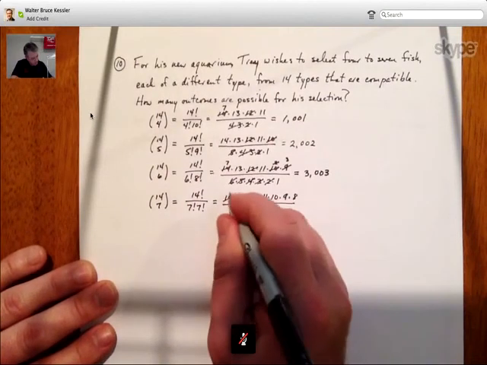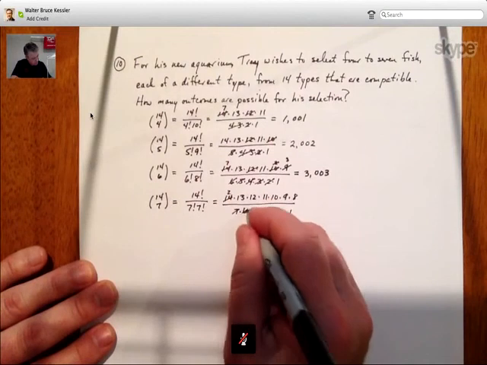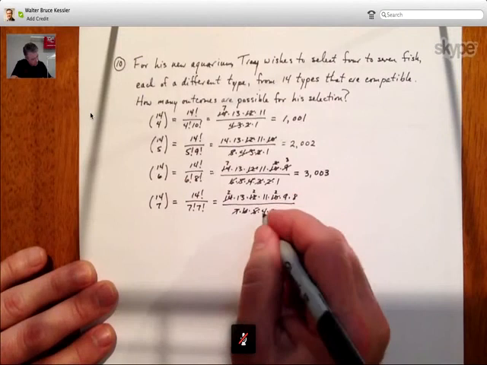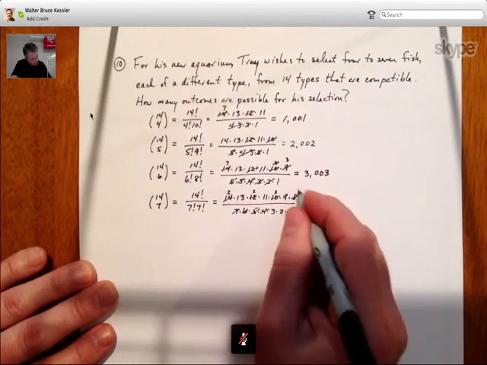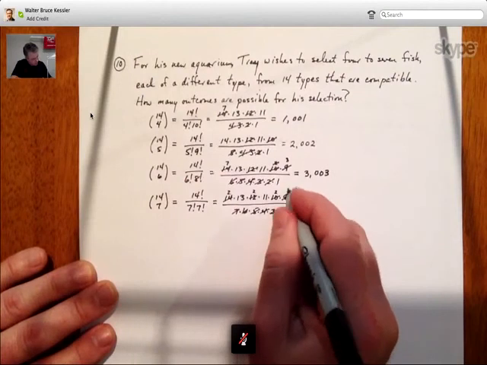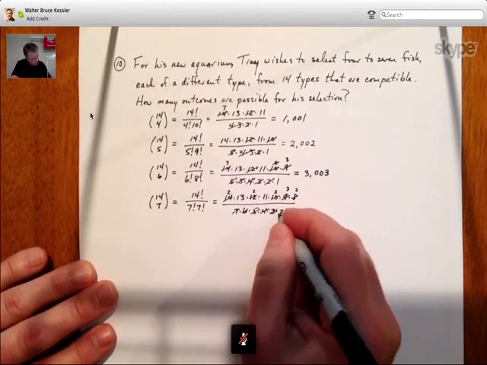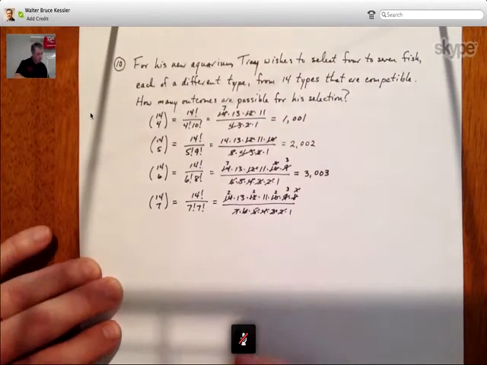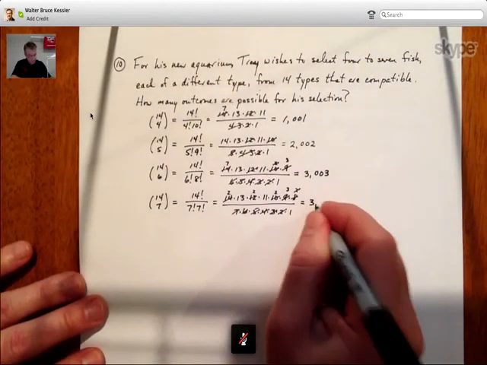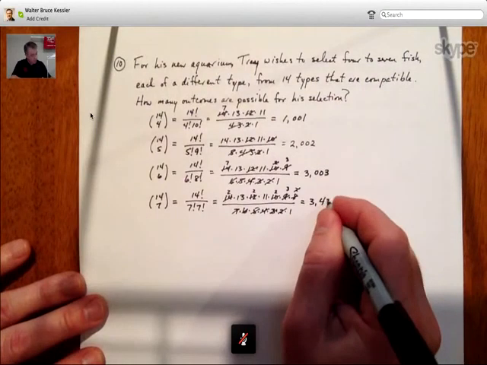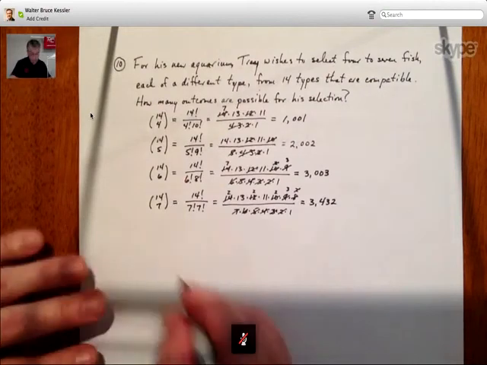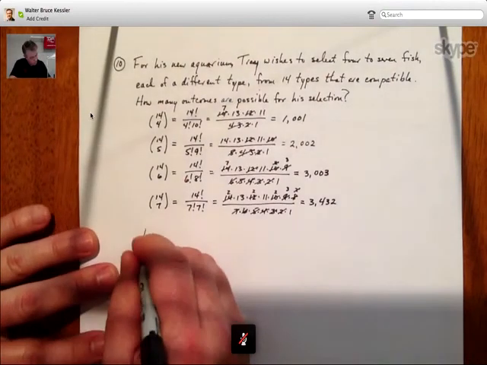So let's see, 7 into that twice, 6 into that twice, 5 into that twice, 4 into that twice, 3 into 9 3 times, and then get rid of one of your 2's. So I think that works out to be 3,432 by my calculator.